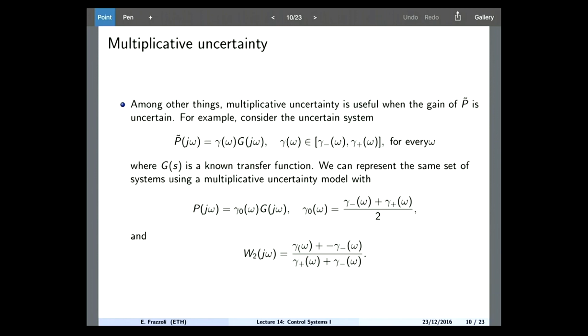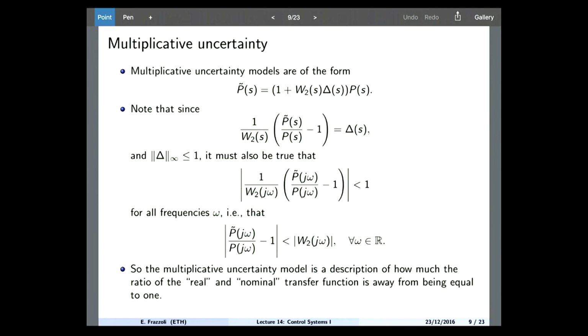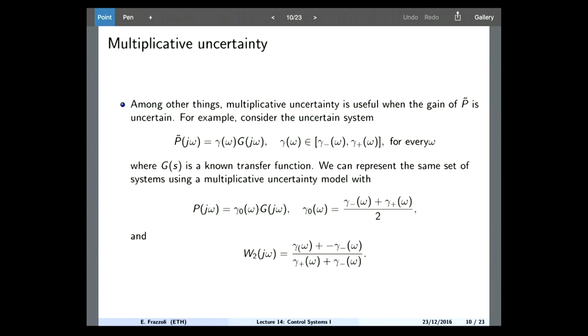One slide before. How do you exactly know W2 of j omega? So this is what you get out of your, we'll do an example. Essentially, when you're designing your nominal model, you also want to know by how much you think that you're missing the real one.